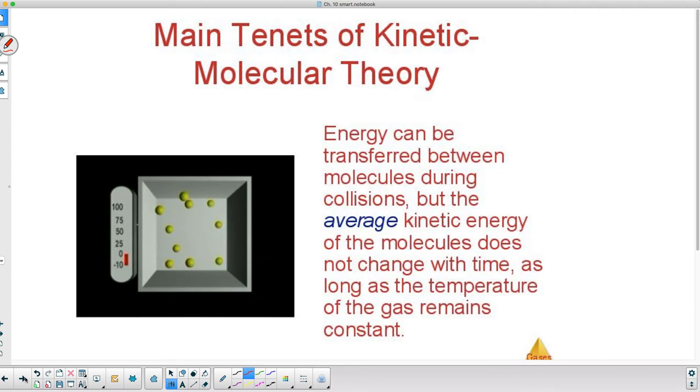Energy can be transferred between molecules during collisions, but the average kinetic energy of the molecules does not change with time. As long as the temperature stays the same, the gas particles do not lose their energy from colliding into each other or into walls. In other words, the energy from a collision is conserved, which means they bounce off each other very well, almost like two rubber balls bouncing off each other.